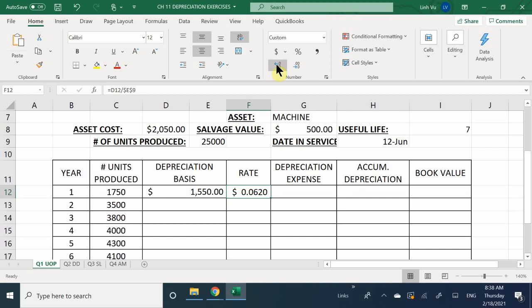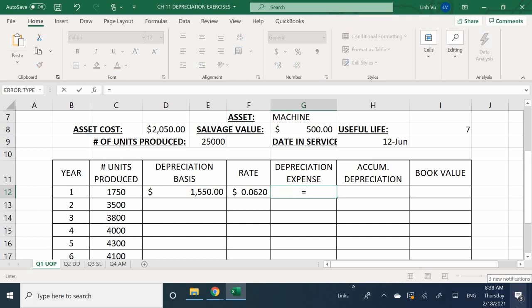Okay, good. So then how do we solve for the depreciation expense? I'm going to go ahead and round this just to ensure the accuracy. Number produced times rate. Good.